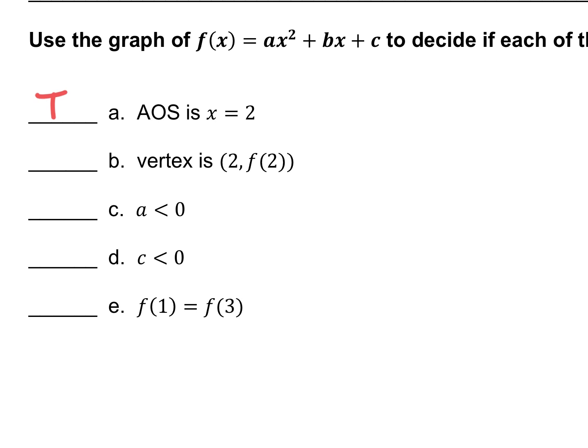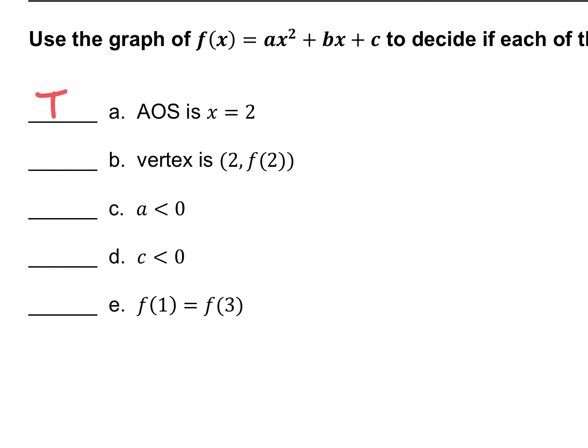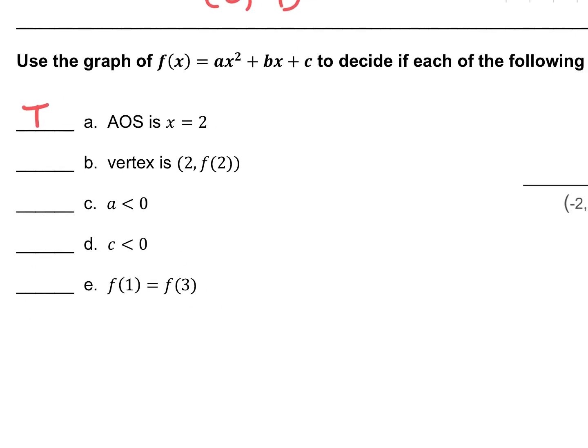The next one says the vertex is at 2, comma, f of 2. So this actually goes all the way back to lesson 1.2 from unit 1, which was the one where we would have a graph and it would say like, okay, f of 2 equals what? F of 7 equals what? And so we would have to know where x equals 2, where is y?